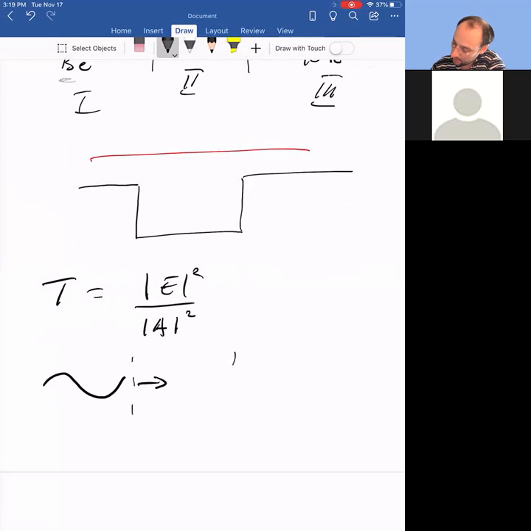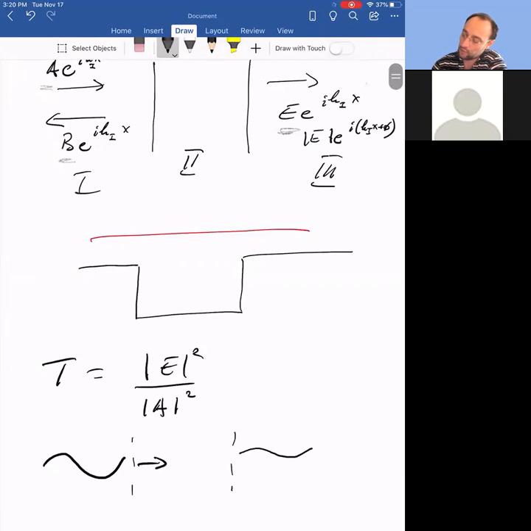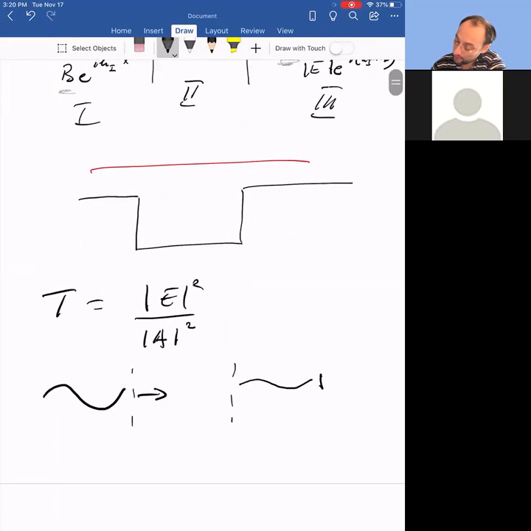Right, so this is this region, and the outgoing wave will have the same wave number because region 1 and region 3 are the same, but it will have a smaller amplitude or magnitude. So here's E and here's A. And the same thing can be said about the reflected wave. It generally has a smaller magnitude than the incoming one, that A.